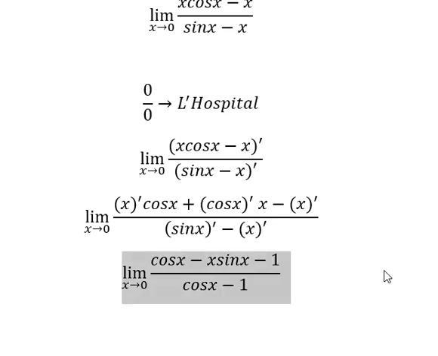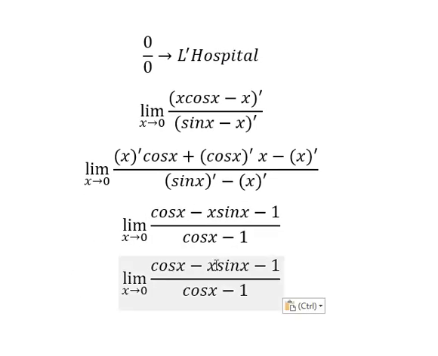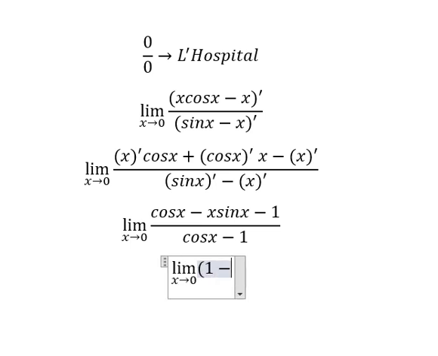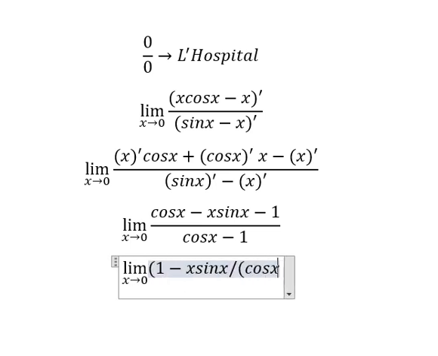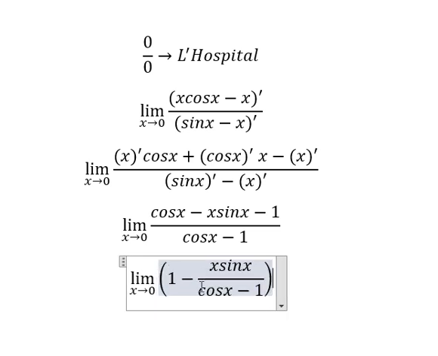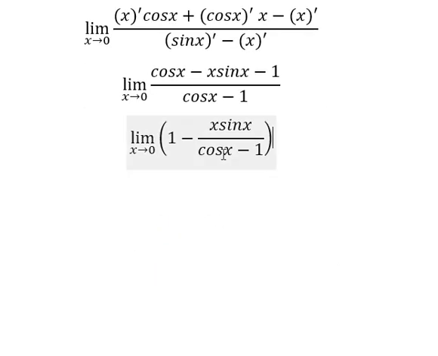So we can see that cosine x minus number 1 divided by cosine x minus number 1, so we have number 1. So we need to find the limit of this one.